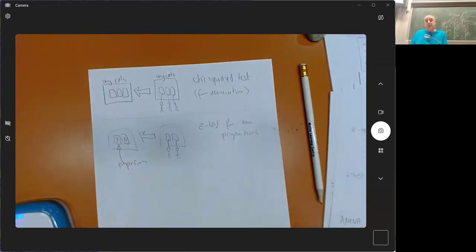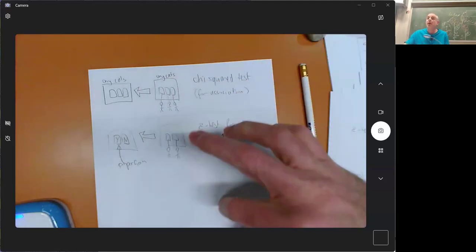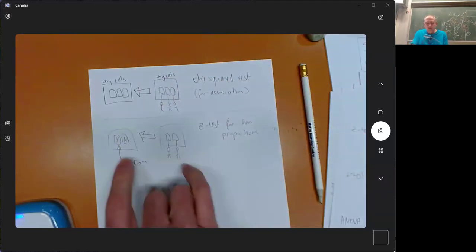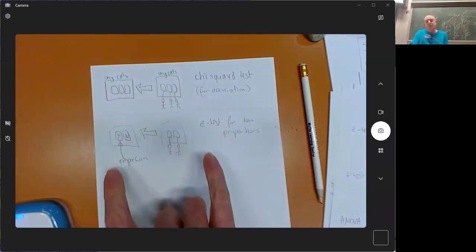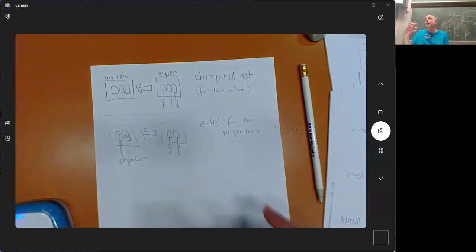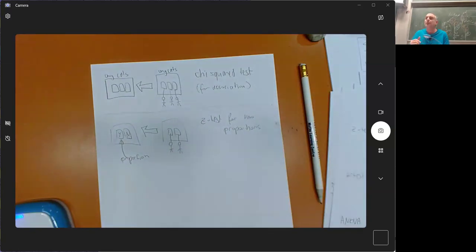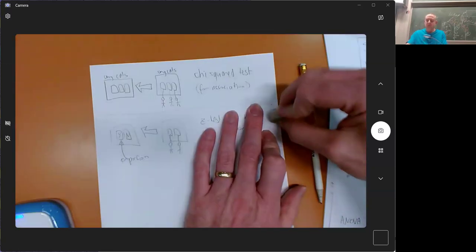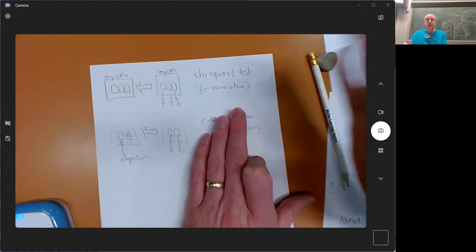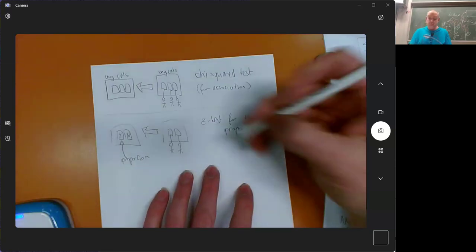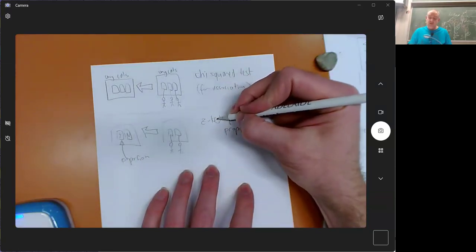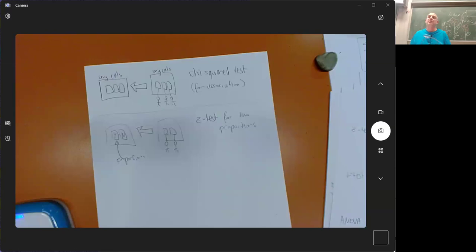I know it's confusing that these two stories can be done either way. Your lecturer, because it's a bit confusing, will usually tell you which one they want. If they want you to do a z-test for two proportions, they will tell you. Plus, the z-test for two proportions is much easier to do by hand than the chi-squared test.